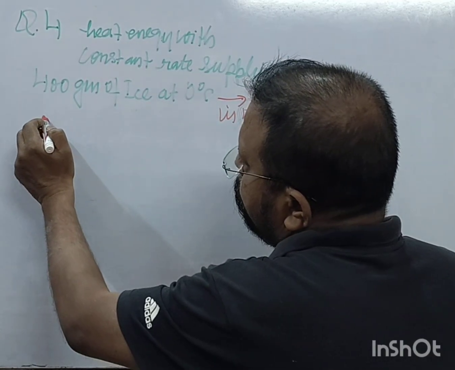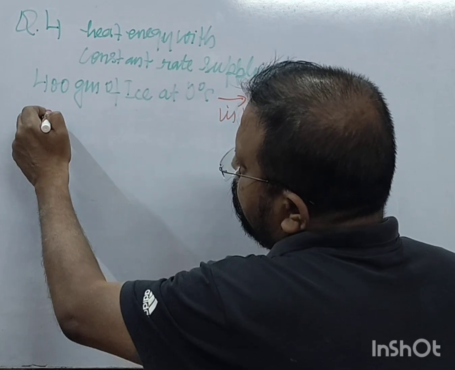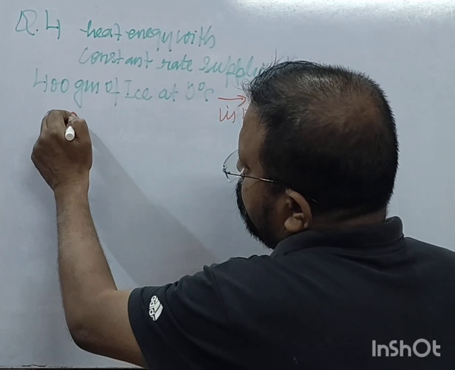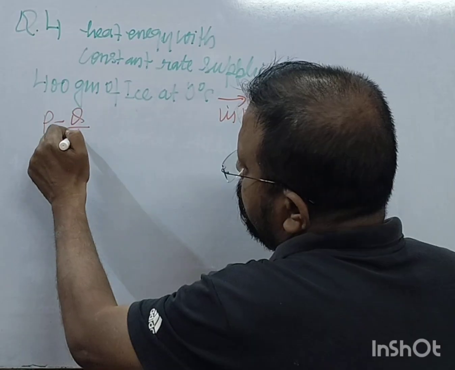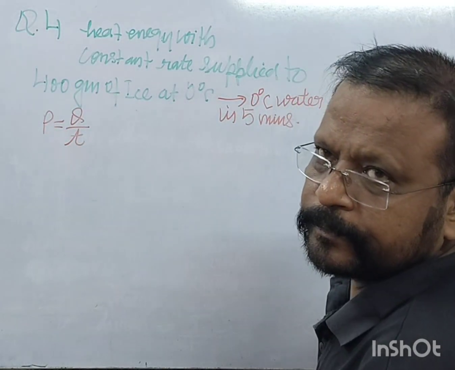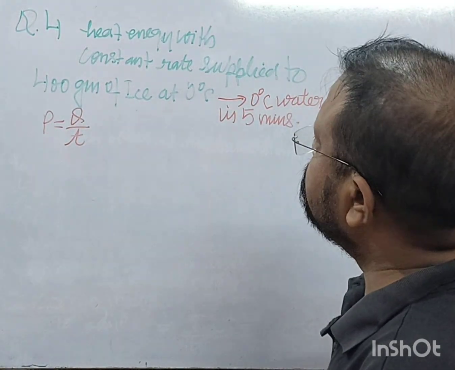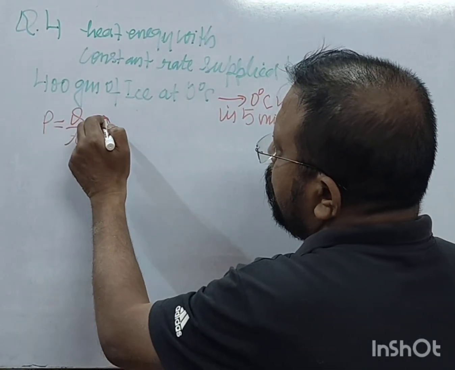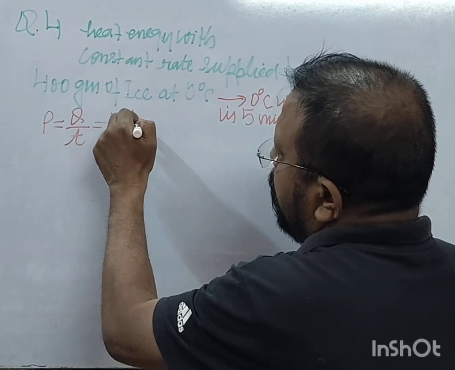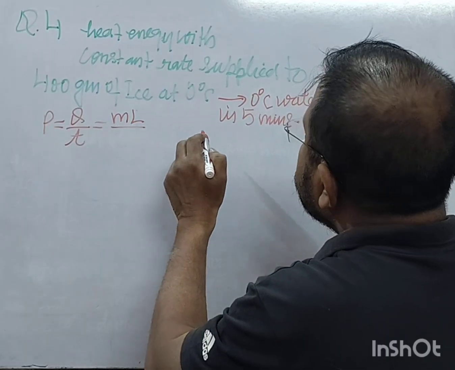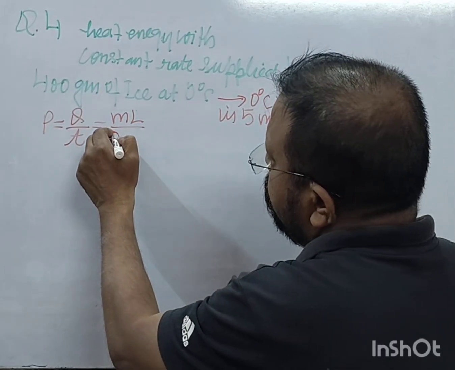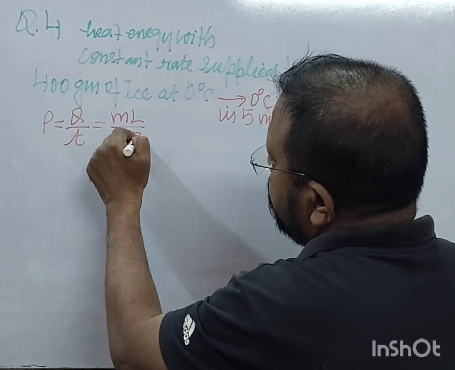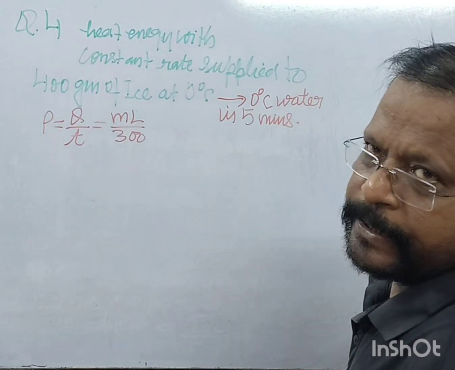So power is equal to Q upon T. So Q is equal to M into L upon T, where T is 5 minutes, मतलब 5 into 60 becomes 300 seconds. Right?